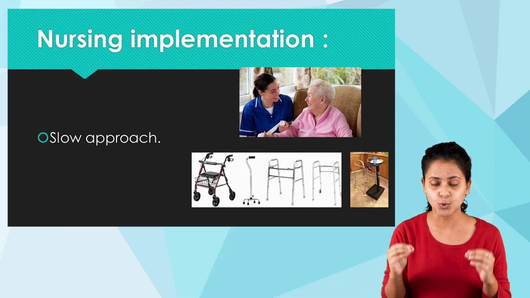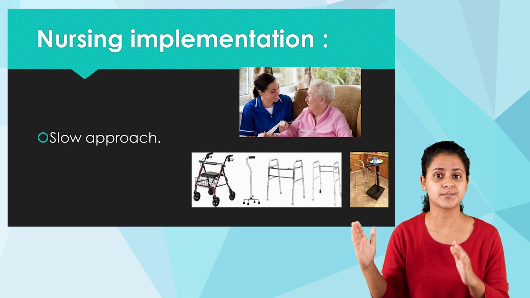That's the reason we should be flexible and modifiable. Planning should be present with the nurses so that they can modify and flex their plans or interventions according to their need. Always, a geriatric nurse should show a slow and calm approach.